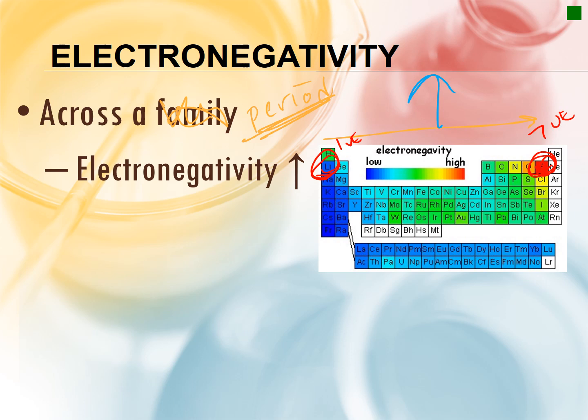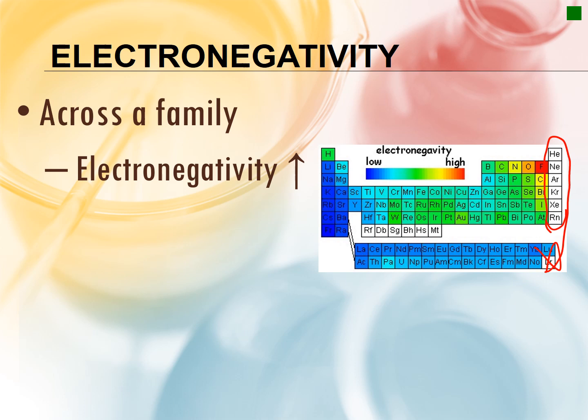Now, as you go across a period, it increases. But what I do want you to note is that the last column, which are called the noble gases, their electronegativity is equal to 0. Okay, what does that mean? Why is the electronegativity 0?